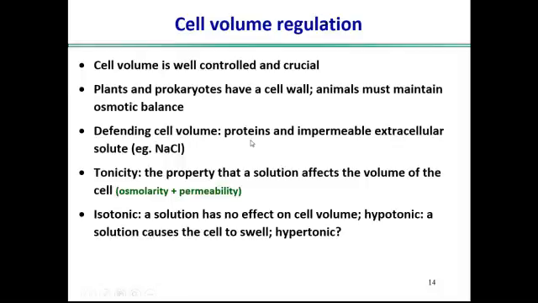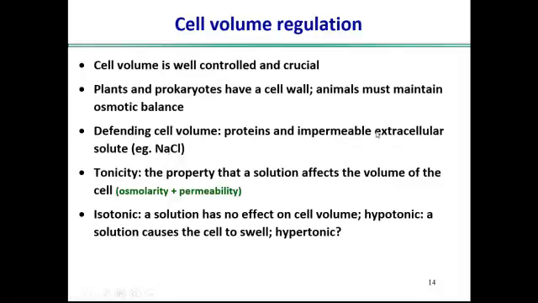When you have cell volume regulation, the crucial factor is that you should have something intracellular which is not easy to cross the membrane. In this case it is the proteins. So the proteins are not easy to go out of the membrane. And on the other side, you should have impermeable extracellular solute, for example sodium chloride.